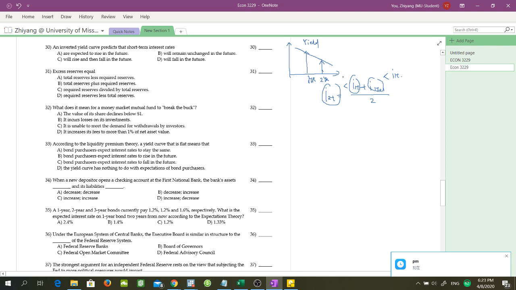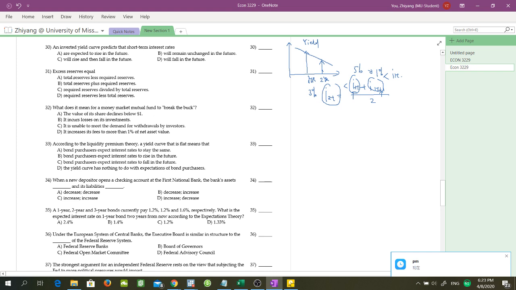So let me give you an example. If i2t is 3% and i1t is 5%, you know the average of these two numbers is 3%. So that means i1t+1 must be 1%. So the short-term interest rate drops by 4% this year.